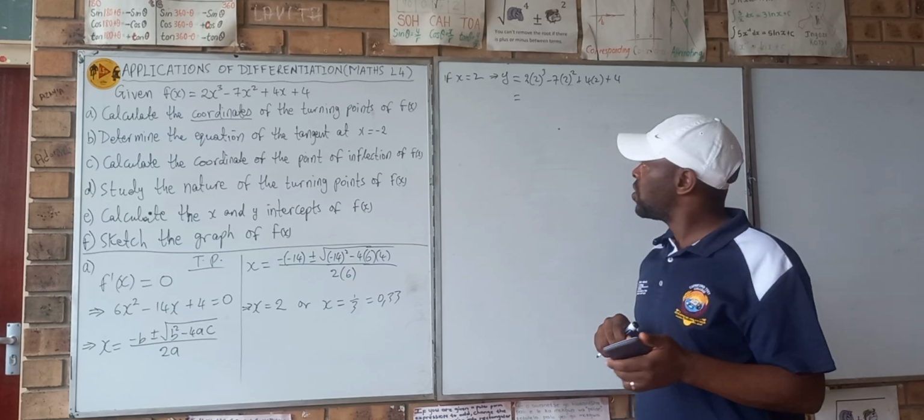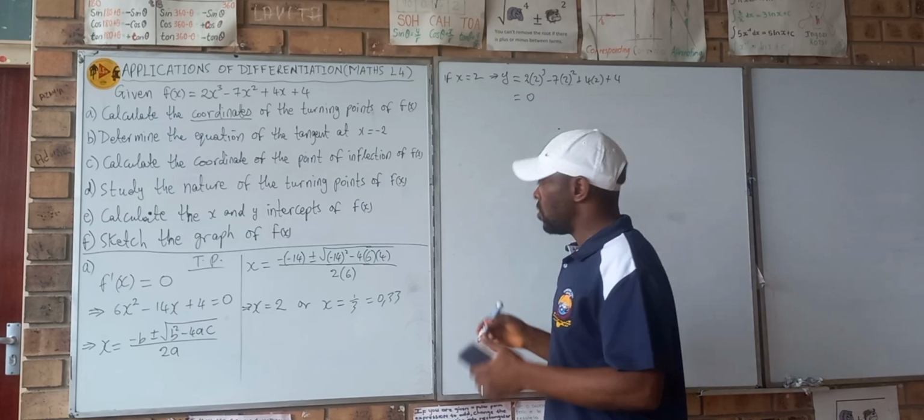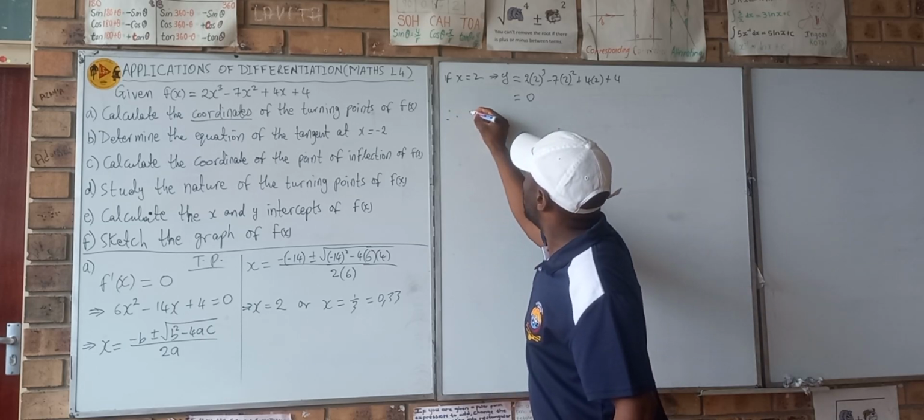So when I substitute x as 2, I'm seeing 0. So this shows me that I've got one of the turning points as (2, 0).